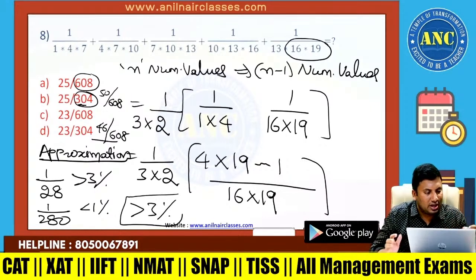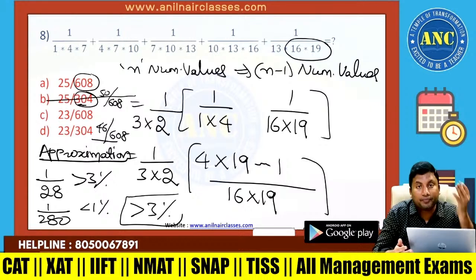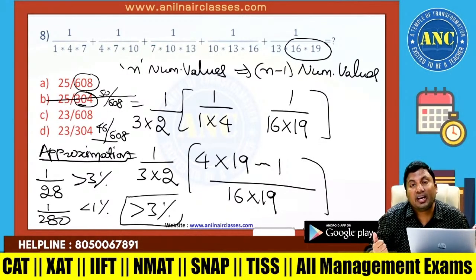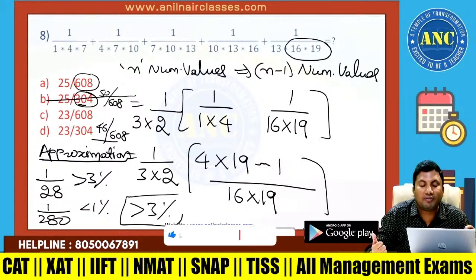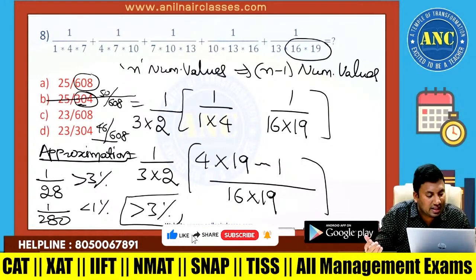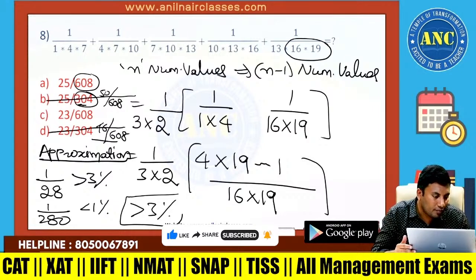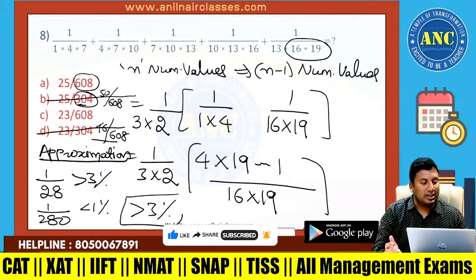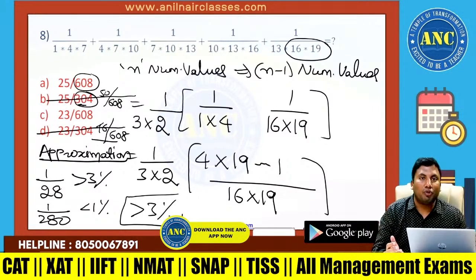Now if you see 25 by 608, this is nothing but 50 by 608, where 1% of 608 is 6. 6 8s are 48. It is greater than 8%. This is also greater than 7%. This is nothing but 4 point some, 6 4s are 24.